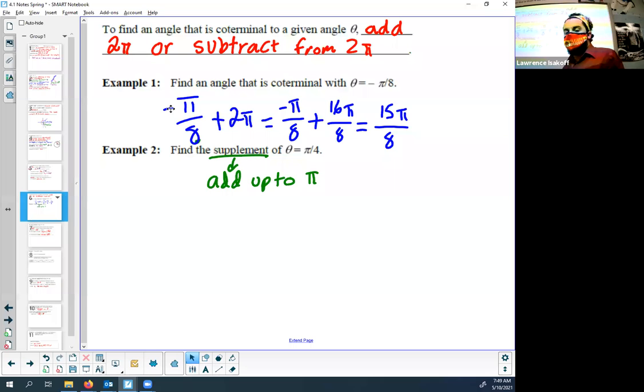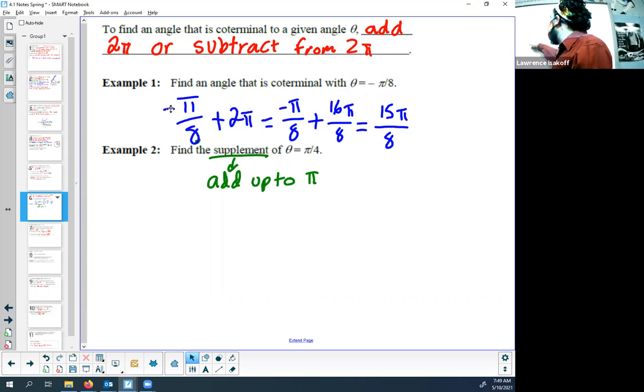I know I went fast there. It will start to make sense as we work more and more with the unit circle, which we're getting into later today. So that's how I found that coterminal angle. All I did was add 2 pi.